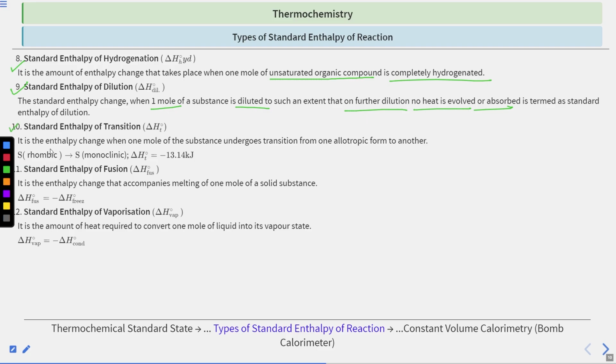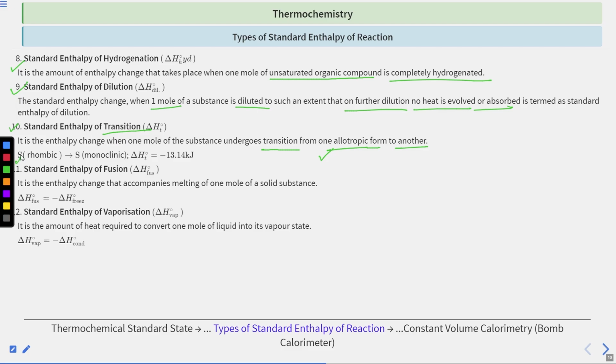10th is standard enthalpy of transition. So it is the enthalpy change when 1 mole of a substance undergoes transition from one allotropic form to another. So here the allotropic forms play a role: when one allotropic form of an element converts to another allotropic form, then the standard enthalpy of transition is used.